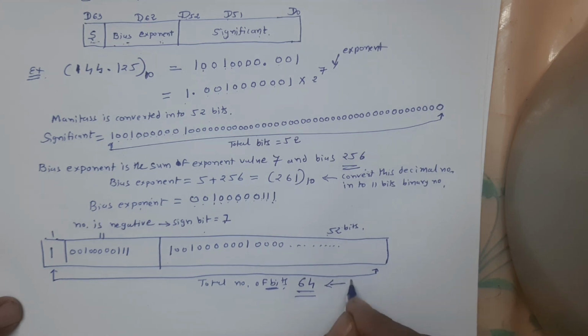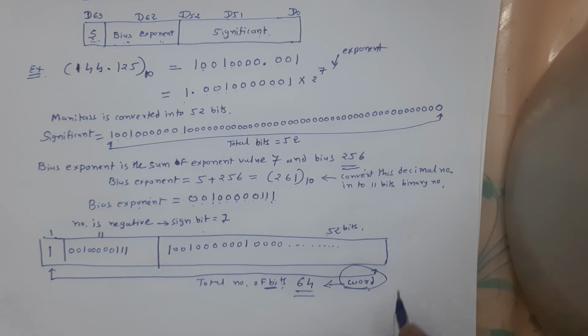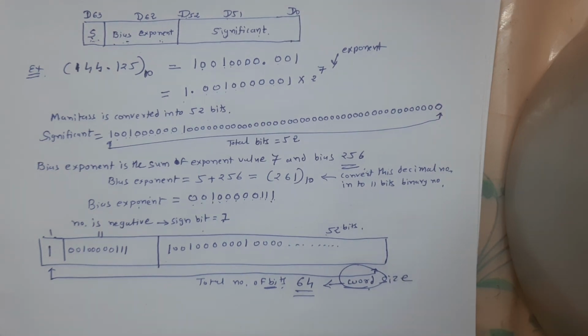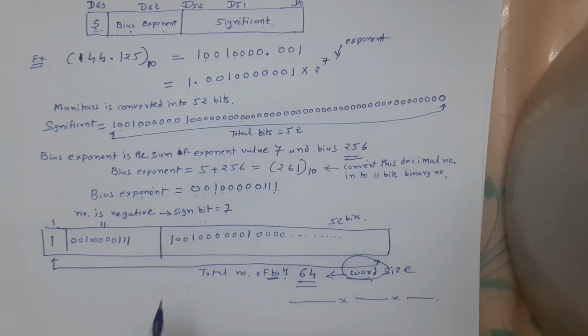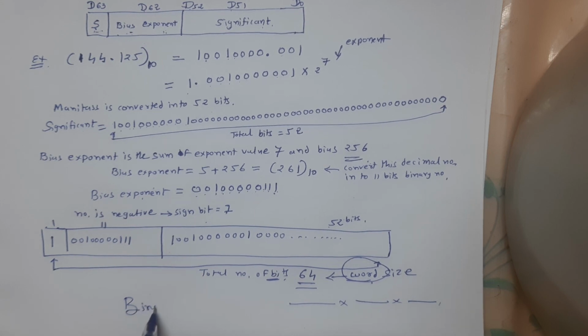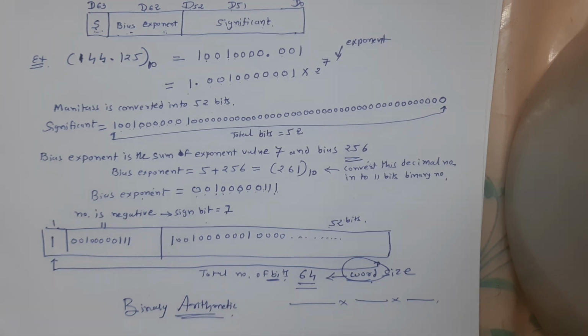And this is nothing but your word, the total number of bits, the word size. So in this way, up to this you practice. Next time we are discussing binary arithmetic. Thank you.